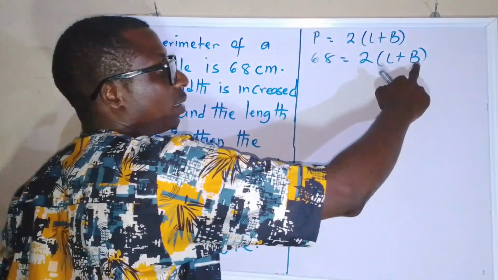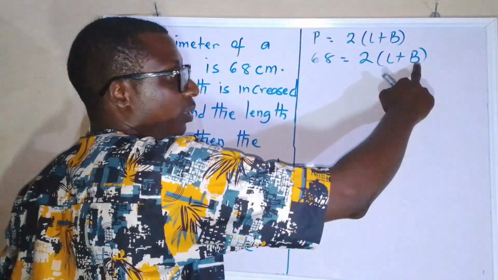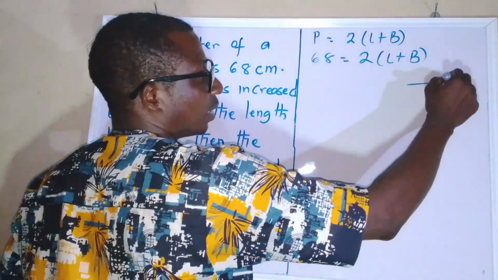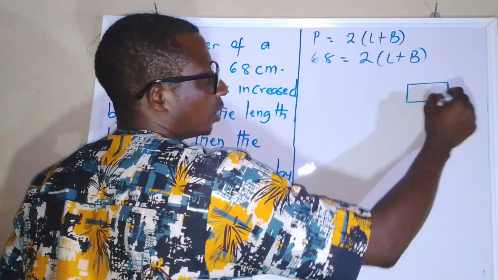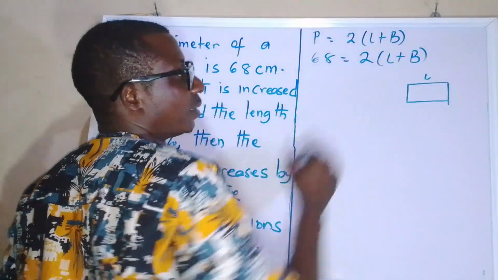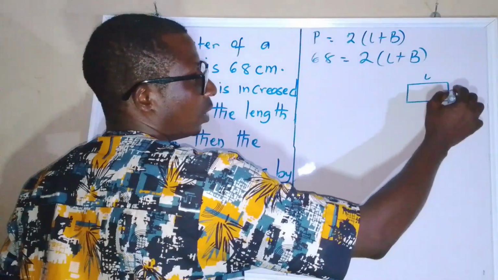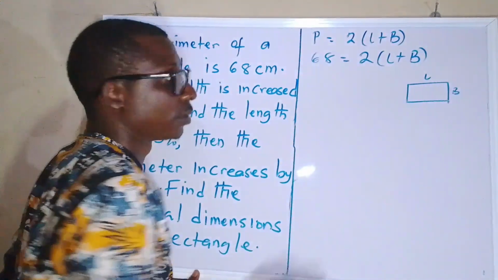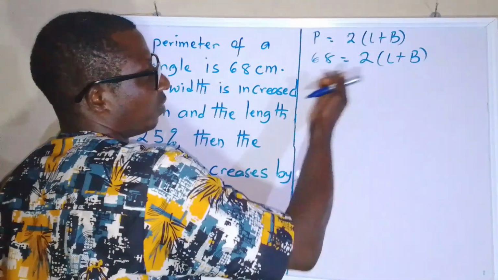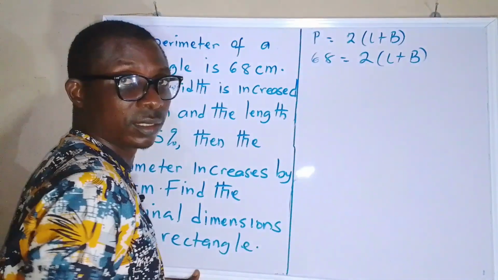The L is the length, while the B is the breadth. When you have a rectangle of this form, the longest side is the length, while the short side is the breadth. Now you can simplify this, just divide both sides by 2.